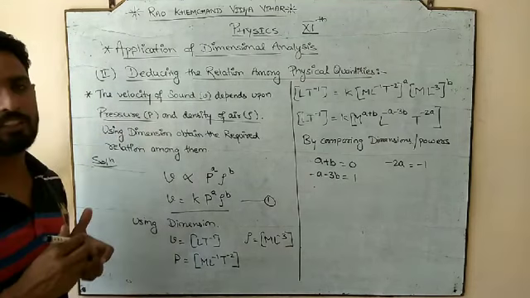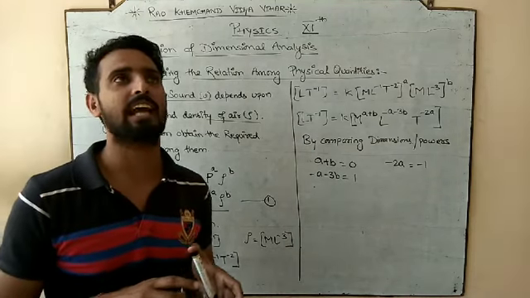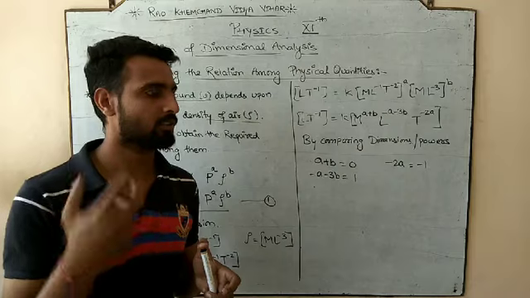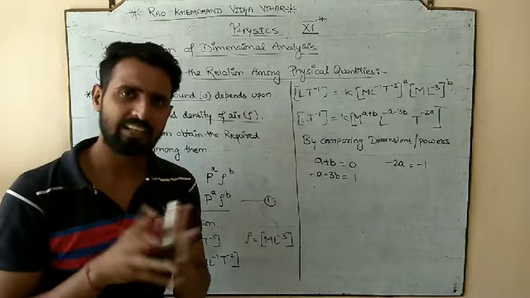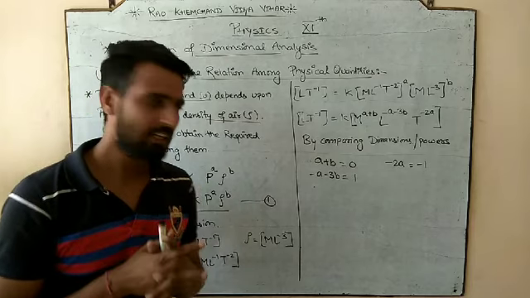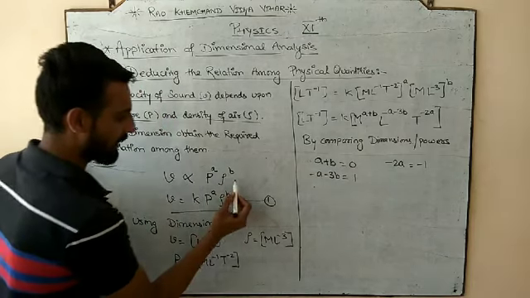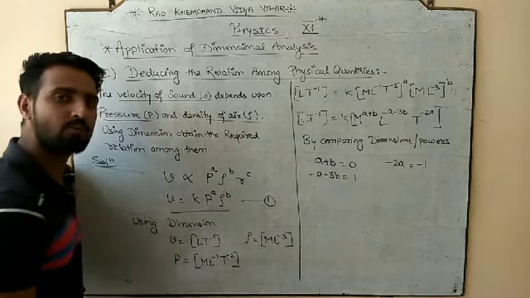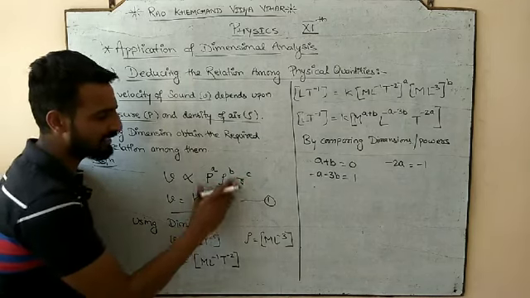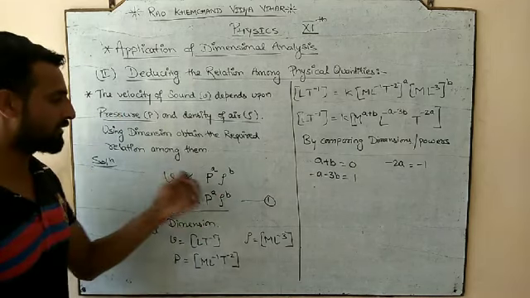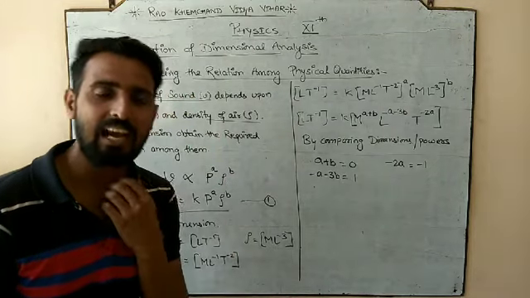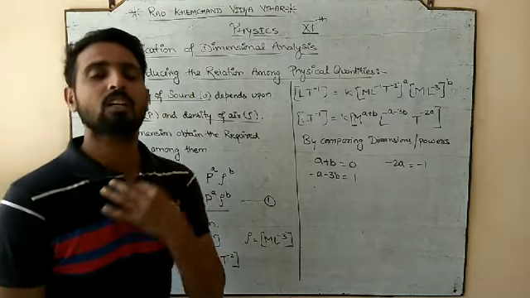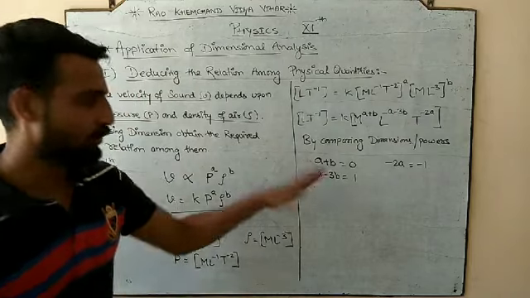If I say velocity depends upon pressure, density and, let's suppose, radius, the size of the body, then its power would be c. So the number of unknown variables, a, b, c, depends on how many factors your given quantity depends on. So here we have two.